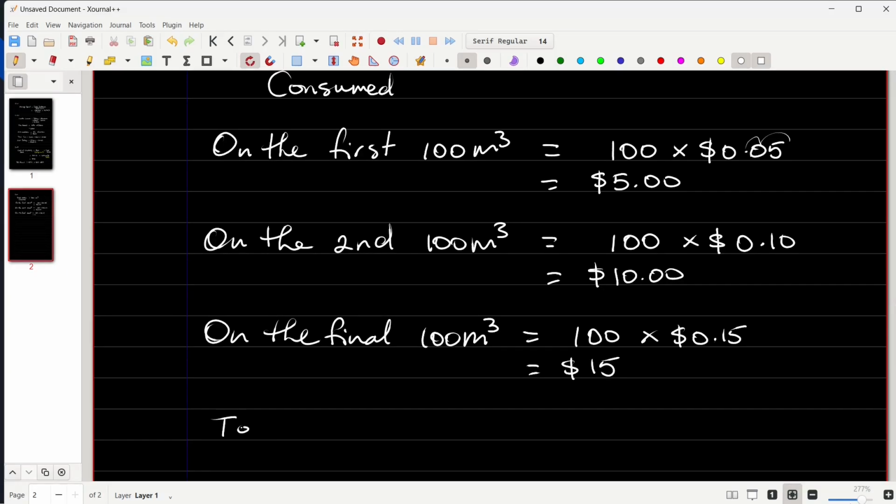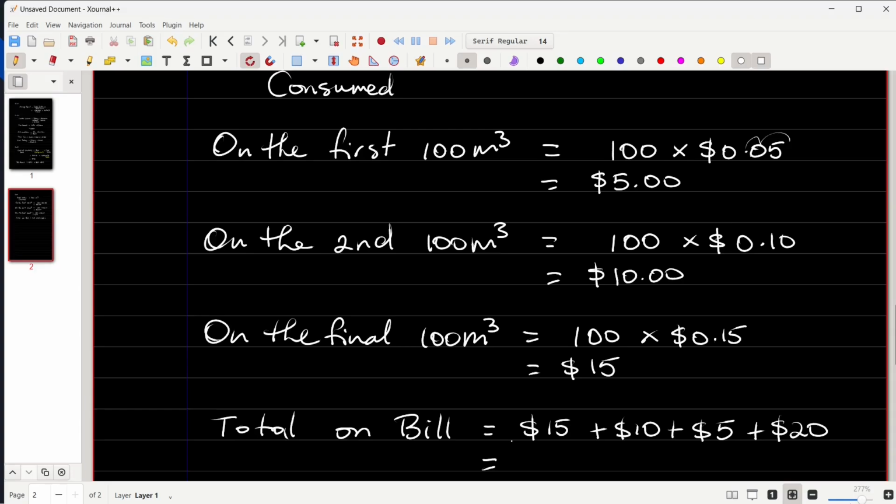So the total bill would be equal to that $15 plus the $10 plus the $5 and plus the service fee of $20. That total works out to be $50. So 15, 10 and 5, 15 and 15 is 30, 30 and 20 is 50. All right, so $50 on that bill amount.